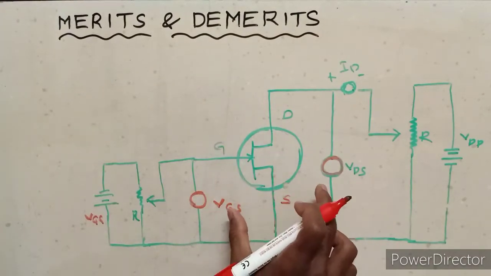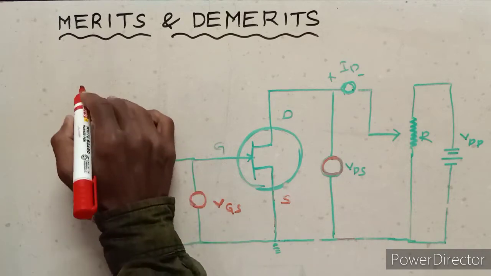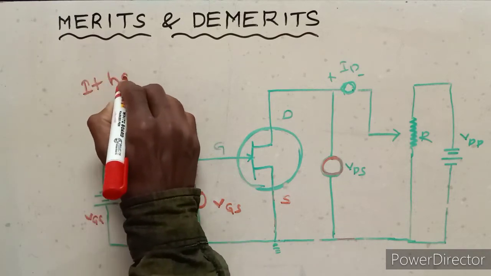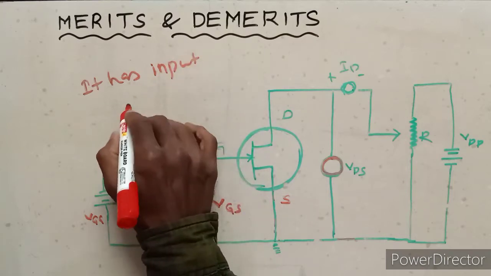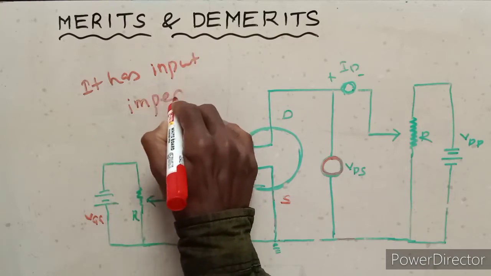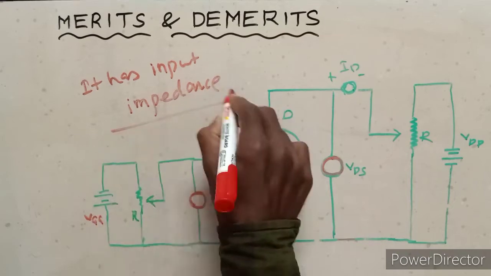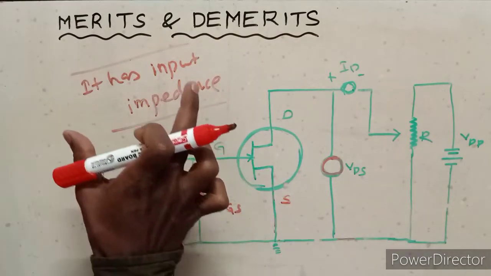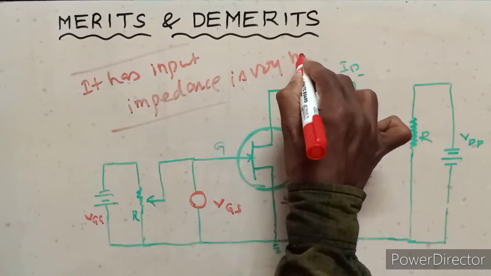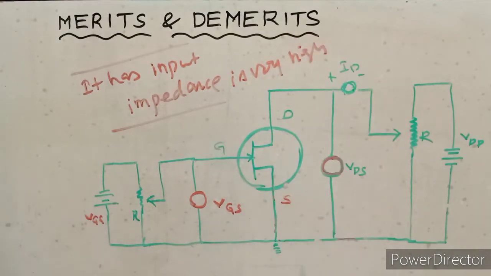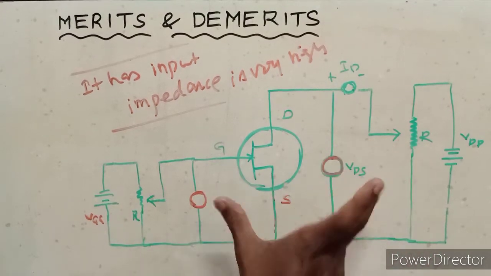Next merit, it has input impedance. That impedance is very high, because there are two resistors.